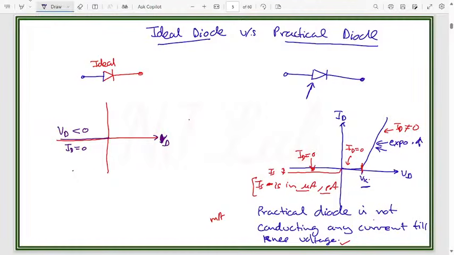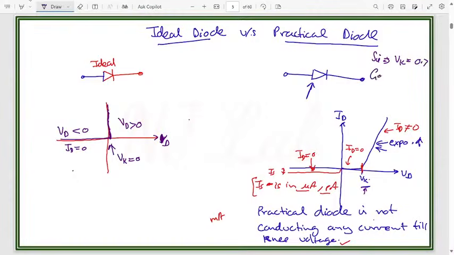And for voltage greater than zero, we assume that the current is increasing at 0 degrees only. Means the knee voltage for the ideal diode is 0. Right? For the practical diode, we have some knee voltage. Like for silicon, Vk is equal to 0.7.